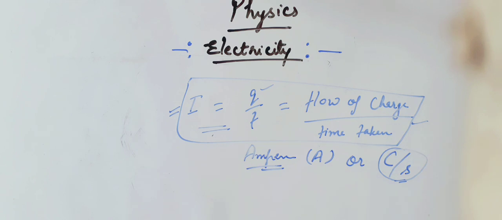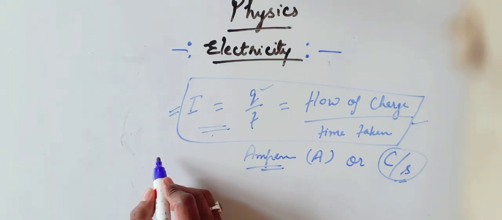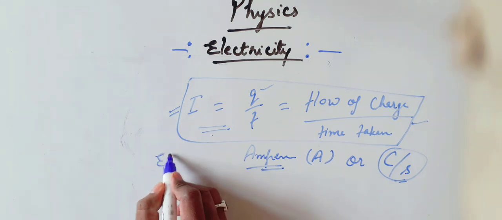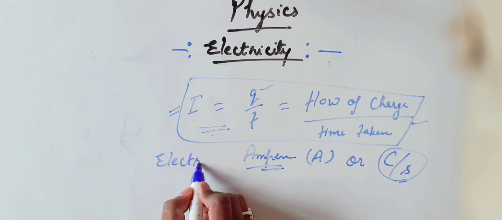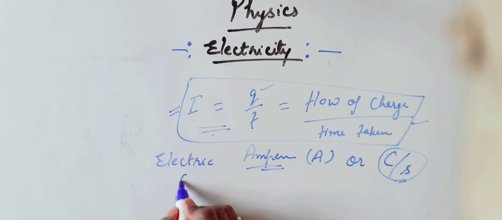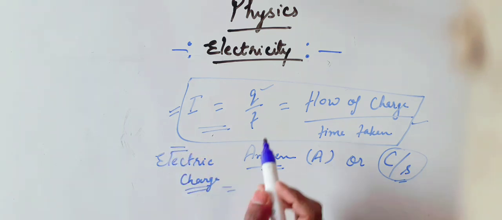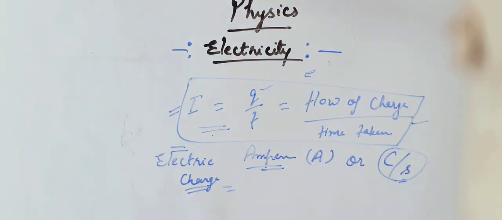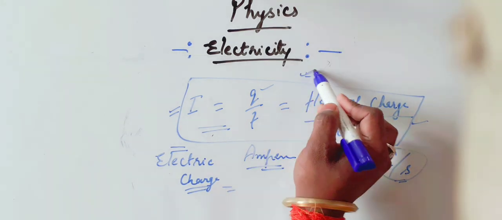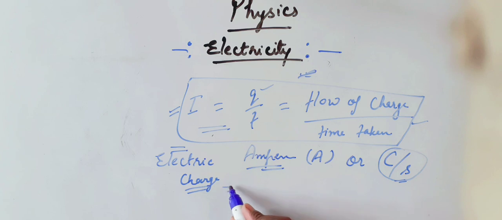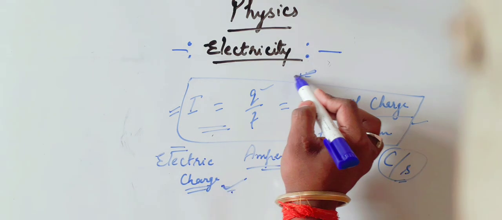So guys, here one term is repeated again and again: electric charge. What is the importance of electric charge in this chapter? Guys, it's a very important phenomenon on which this chapter is dependent.